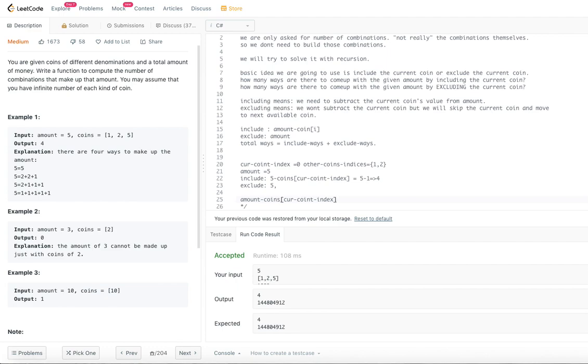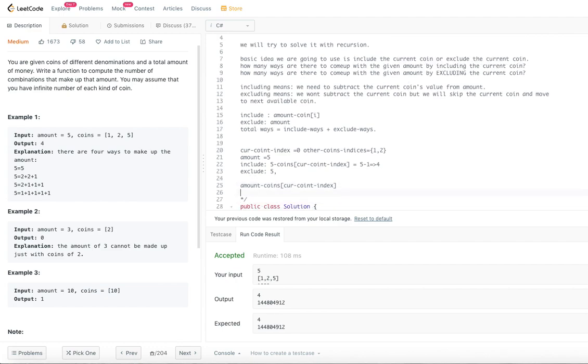In the case of exclude, it will be amount, and we are going to use current coin index plus 1. The current coin index is, as of now, 0, so when we go for the recursion, 0 plus 1 will be 1, right? So it will be amount and 1.